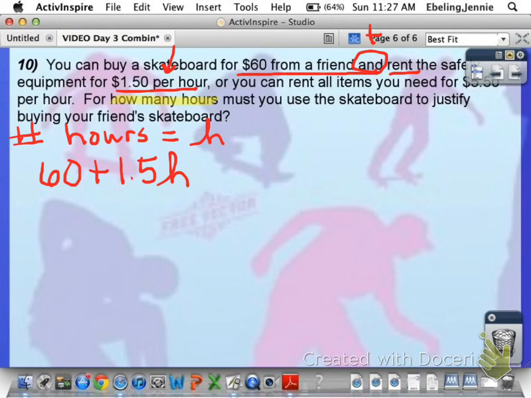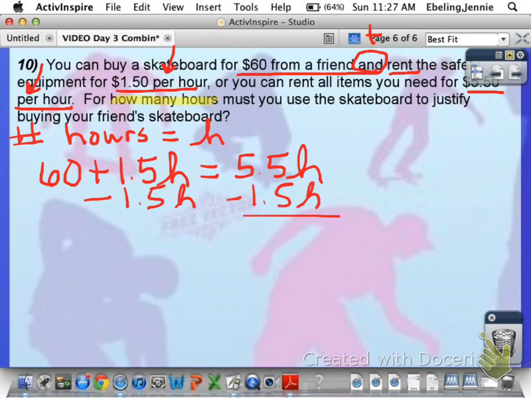Alright, then it says, or you can rent. So I'm going to set that equal to. Or you can rent all items you need for $5.50 per hour, and here's another per. So that would be 5.5 H. Alright, now when I look at this, I have an equation that I need to solve for H. The H's are on both sides of the equal sign. So I'm going to subtract my 1.5 H, because that's the smaller one.